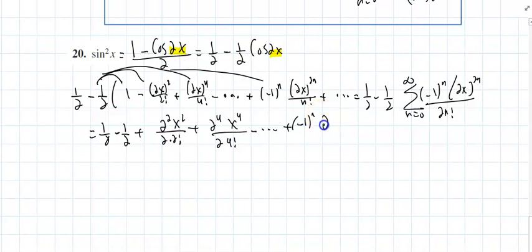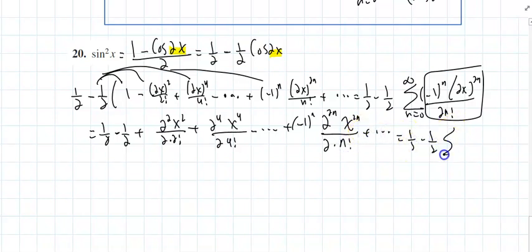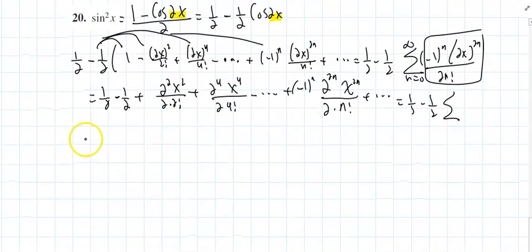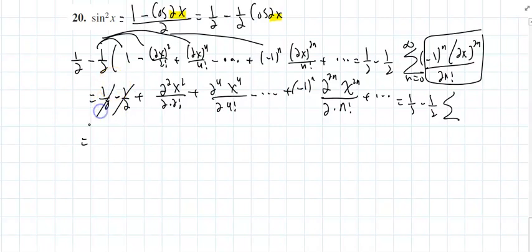And this is really where you want to do the work, right? Because that's what this is. And what would that be? Those cancel out.